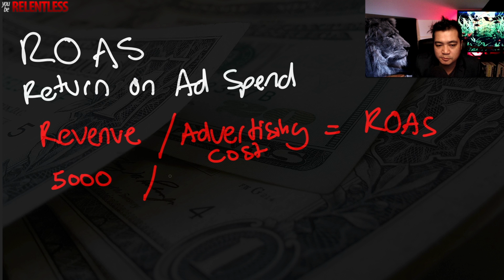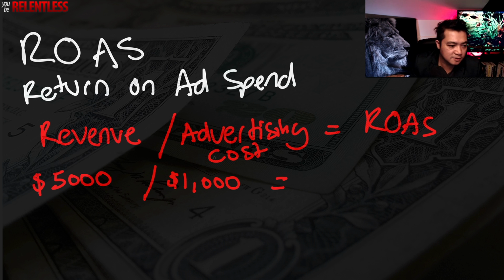So you use Google Ads and you made $5,000 from a campaign. And I asked you, how much do you spend to advertise on Google Ads? And you said, I spent $1,000. So let's say you made $5,000 profit, and then you spent $1,000. So what's the ROAS? So let's do the calculations.